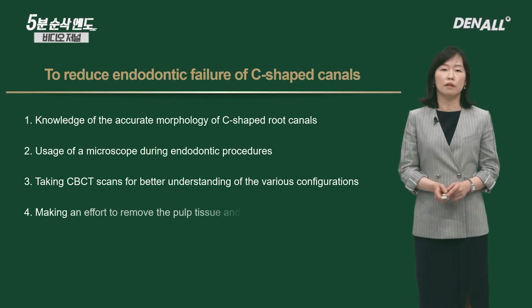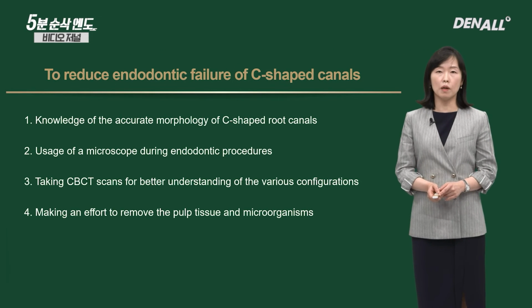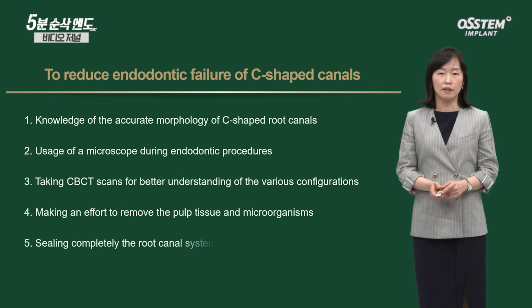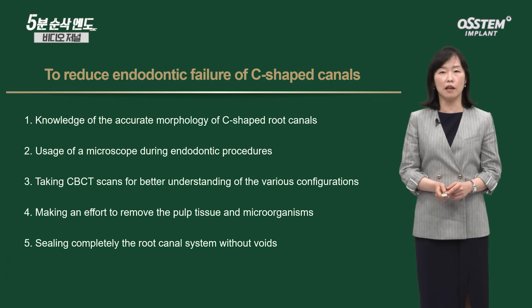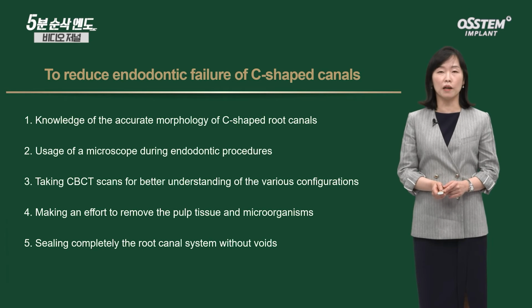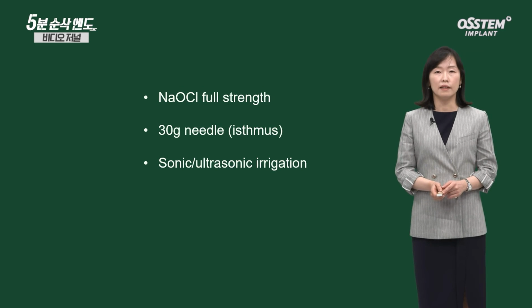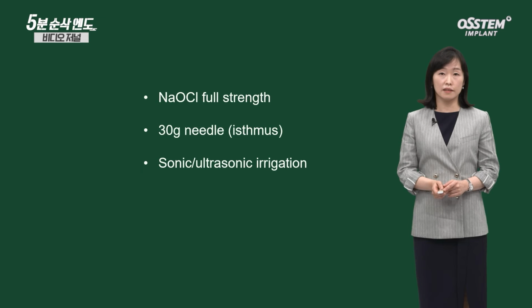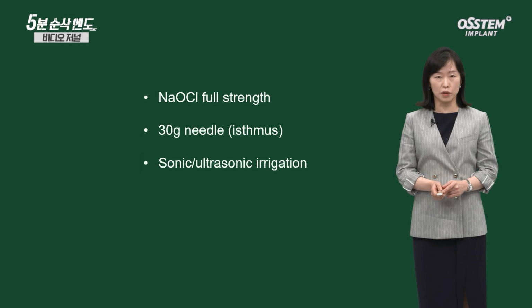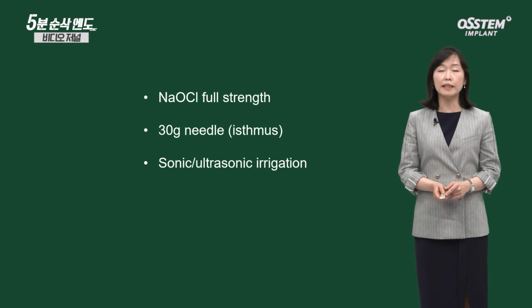How can we remove pulp tissue and microorganisms perfectly? After removal, how can we seal it completely? These are the two factors that lead to successful endodontic treatment. I'd like to give you my clinical tip. When I do endodontic treatment on C-shaped root canals, I use full strength NaOCl 5.25%, therefore it is 100%.